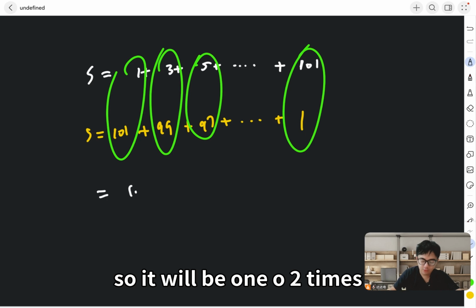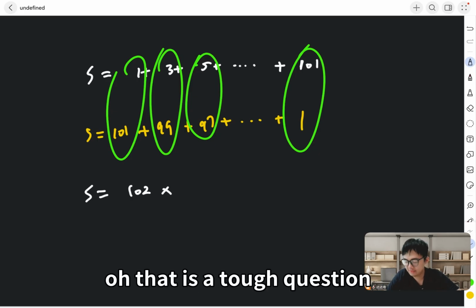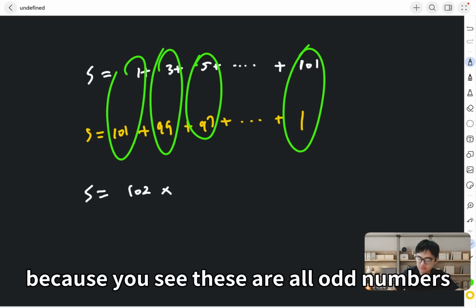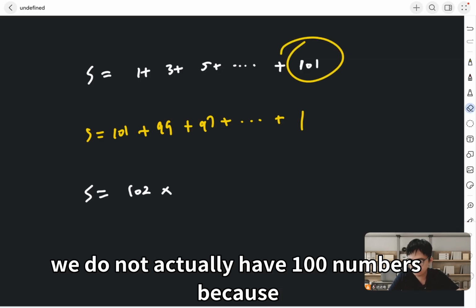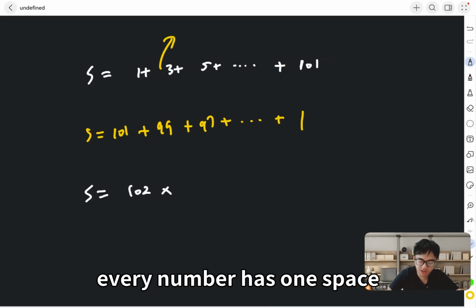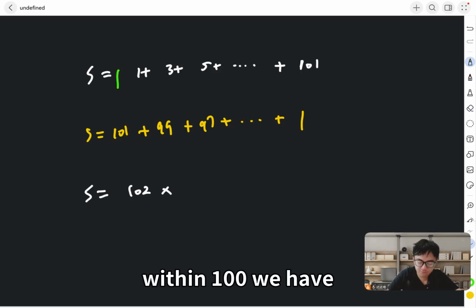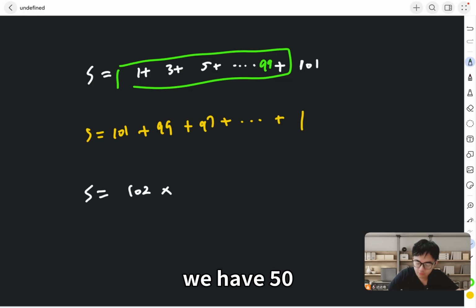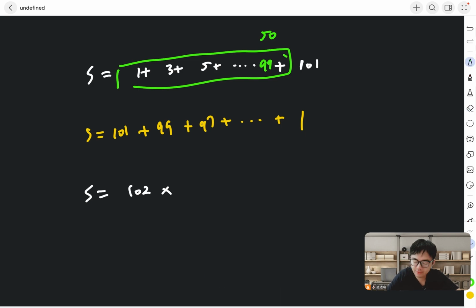So it will be 102 times... how many numbers do I have? Oh, that is a tough question. Because you see, these are all odd numbers. We do not actually have 100 numbers because every number has one space. So within 100, we have 50 odd numbers plus 1, so we have 51 numbers.